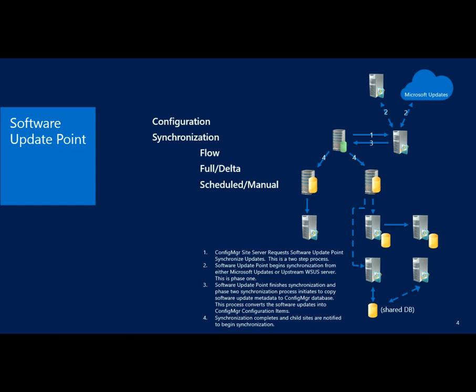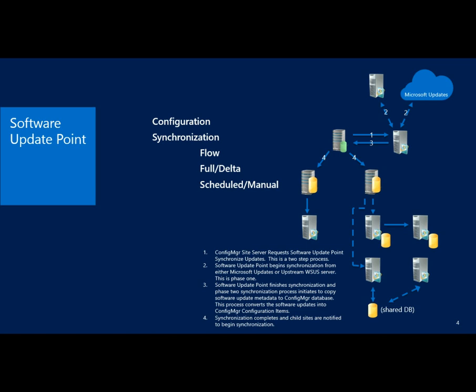So typically, whenever we synchronize software updates at the top level, whether that be a standalone primary or a CAS or whatever, we would have two choices: either to go to an internet-based Microsoft update to download our updates that we've selected and approved, or we would have the ability to manually import those updates that we had selected from maybe another WSUS server somewhere. And that worked. People used it very successfully.